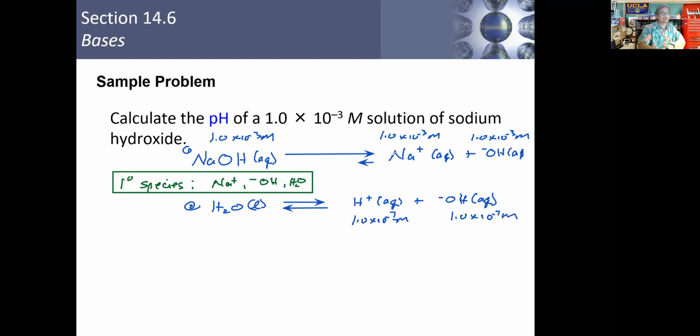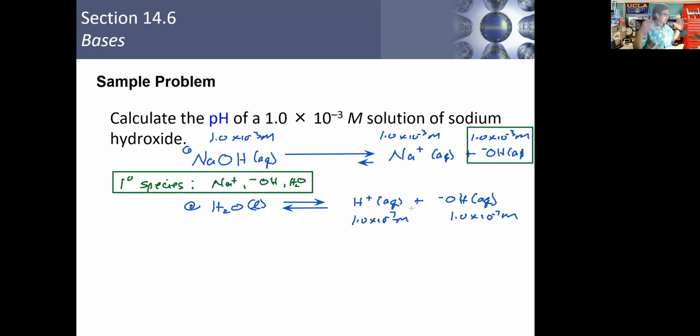If you take a look at this, the primary source of hydroxide ion will be this dissociation right here. It gives us a hydroxide ion concentration that is close to 100,000 times greater than that from the autoionization of water. So if we're going to find the pH, the primary source of ions will be this dissociation, with very little from the autoionization of water.